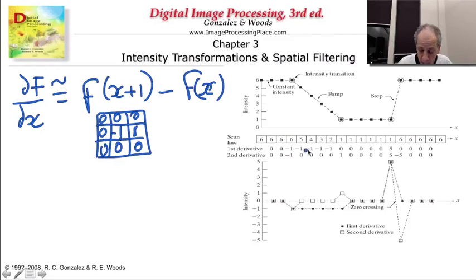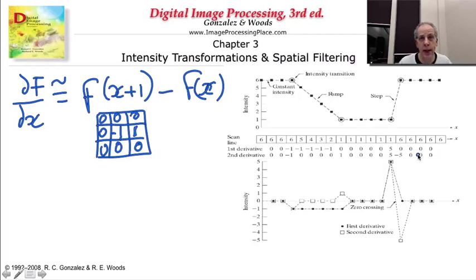Then we have a minus 1. That means that the pixel values are decreasing in constant jumps of 1. It's negative, so they are decreasing. And then once again we have flat, and then there's a big jump here. When we do 6 minus 1, we're going to get 5, and then it flattens out again.